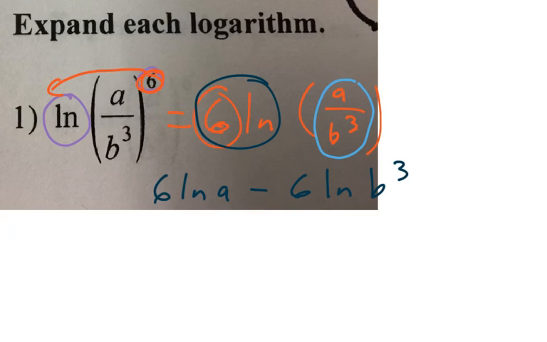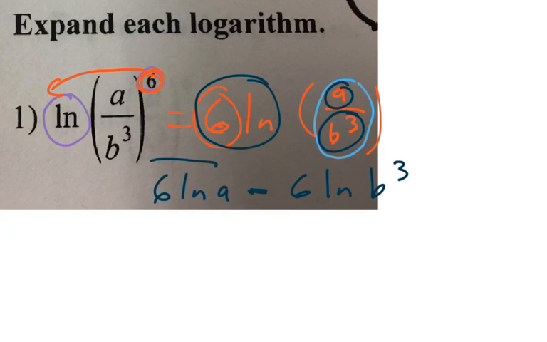Okay? So again, we took the a, since it was divided by b cubed, and we know, sorry about the school bell there, guys, but we know that with divide, it actually is a subtraction problem, right? That's why we did the subtraction.